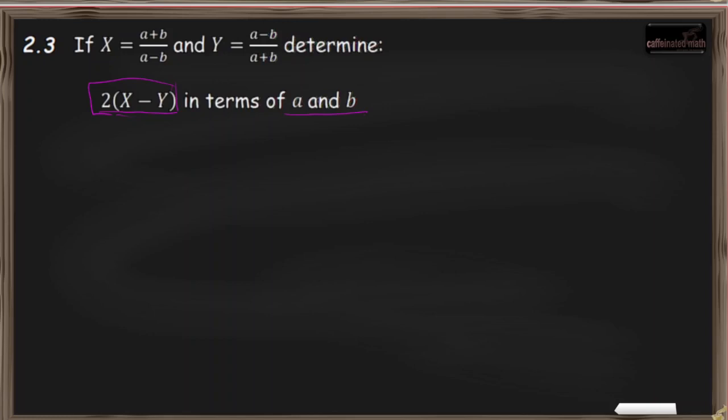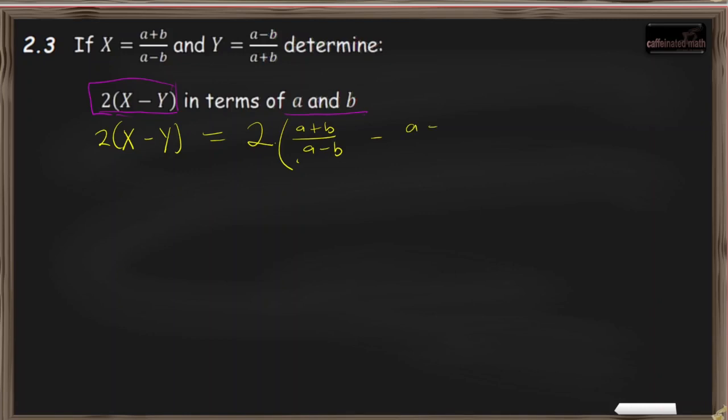Well, to begin with, let's just rewrite what we were given, which is 2x minus y. And then we'll just do basic substitution. So that's just 2. Well, what's the x value? That's none other than a plus b over a minus b. And then subtract.